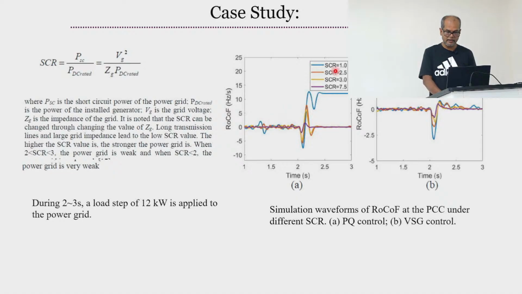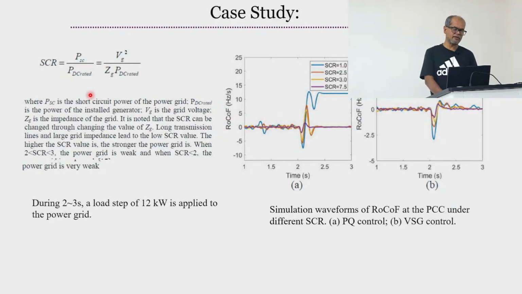When you have got a very low short circuit ratio, your grid following has the problem. But you see the grid forming is still okay, even with short circuit ratio 1. So, we started at 7.5, and when it is very low, this problem occurs.